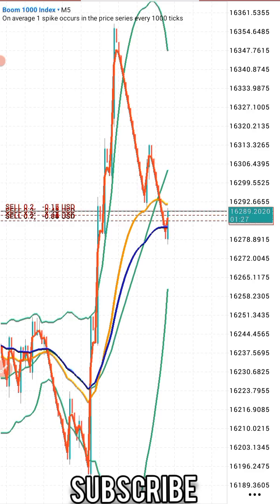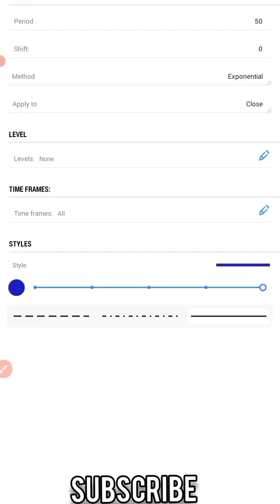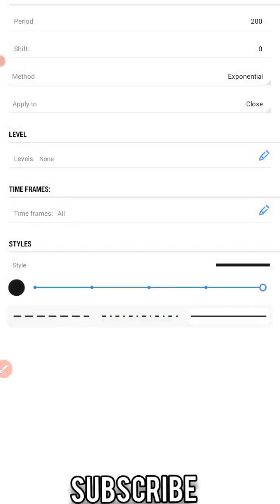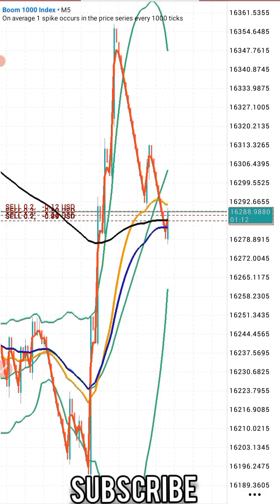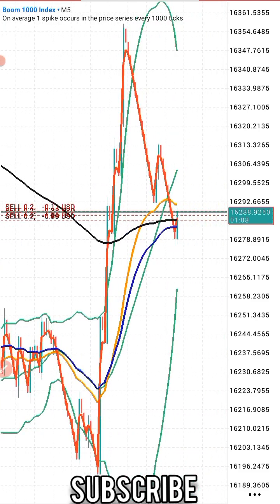Then we can add black, which is our 200 moving average, exponential. So with this now, you have gotten a full indicator.